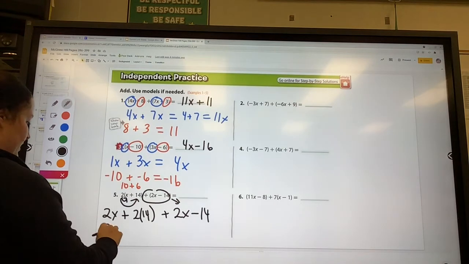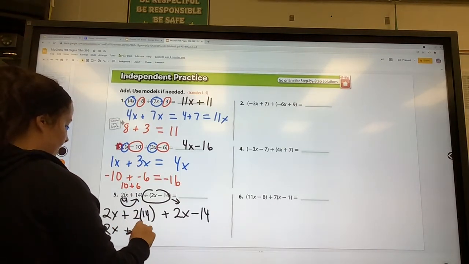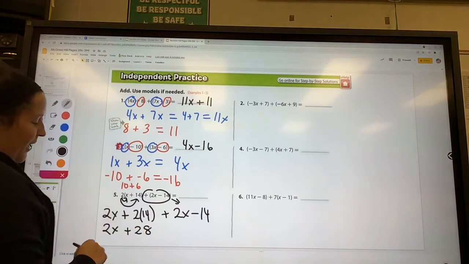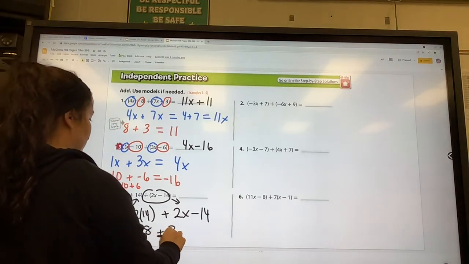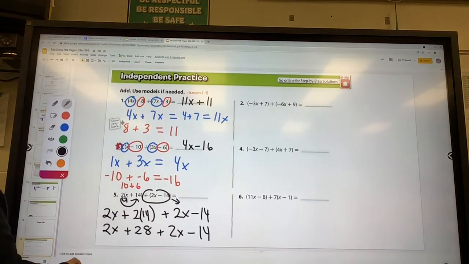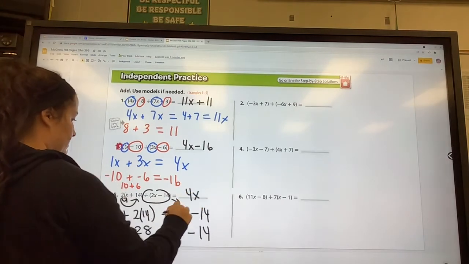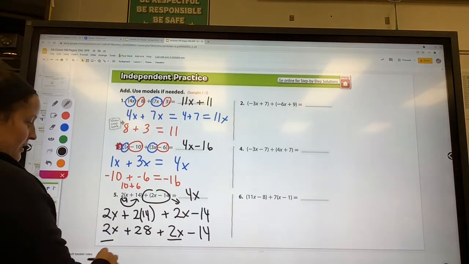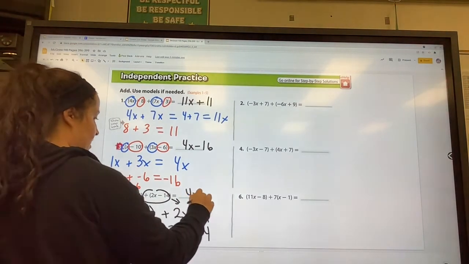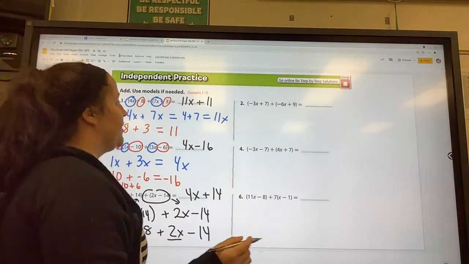So this is 2x plus 2 times 14 is 28, right? Plus 2x minus 14. When you combine, you'll realize you get 4x, right? There's x terms, 4 x's. And then 28 minus 14 is plus 14. Double check that on your own.